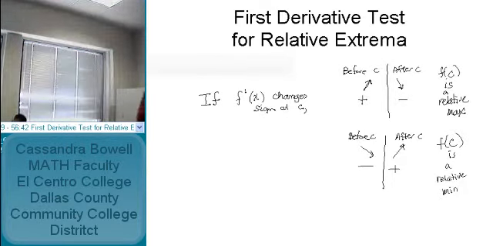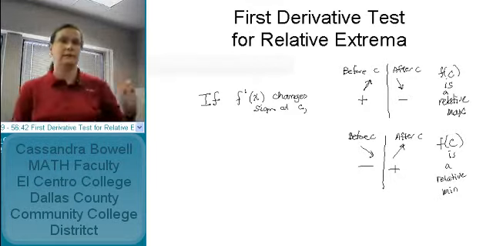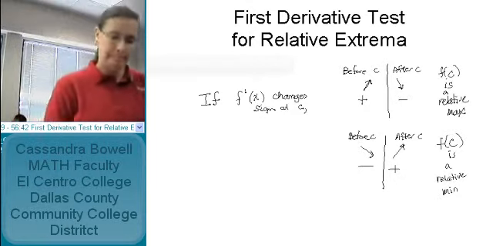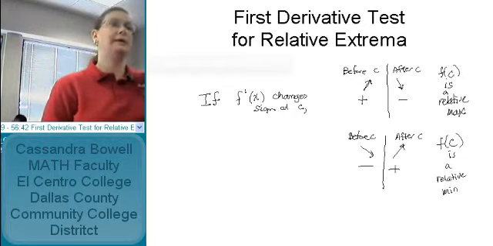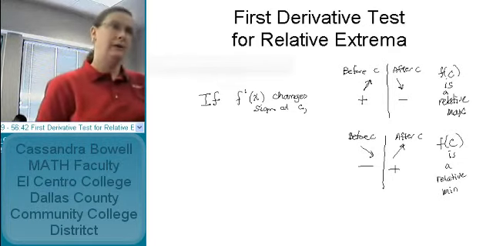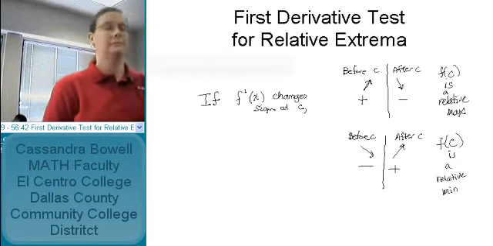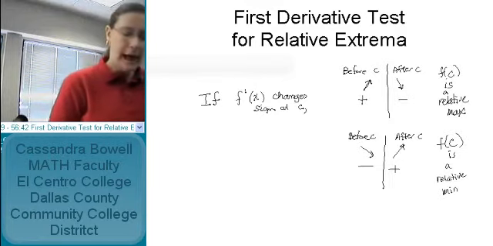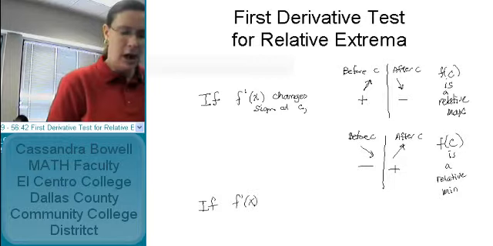These are our candidates, our critical numbers or the endpoints. Exactly. And critical numbers are places where the first derivative either is 0 or does not exist. Now what happens if f prime of x does not change sign?